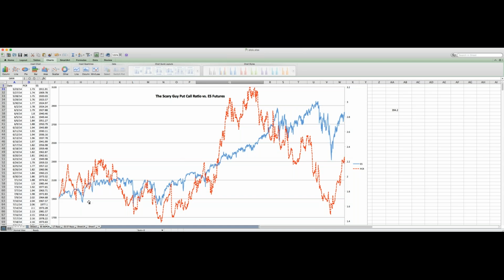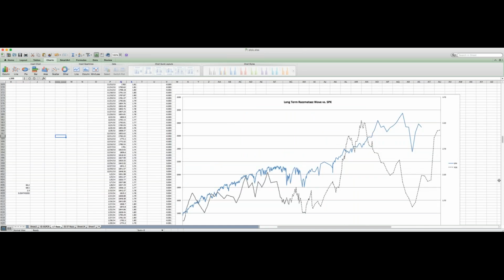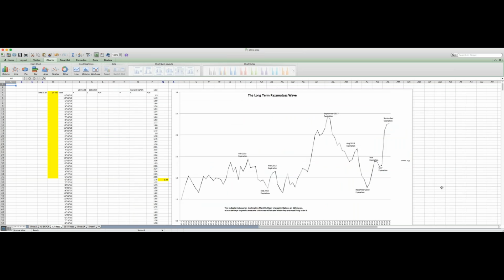So directly after the SGPCR, the other thing that we need to look at is the long-term razzmatazz wave. What the long-term razzmatazz wave does is we have got some arithmetic behind it, and we try to figure out what the value of the SGPCR would be in future months. Right. So for example, over here, we had the low point in December 2018.